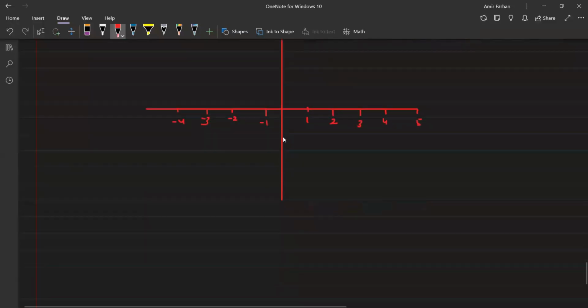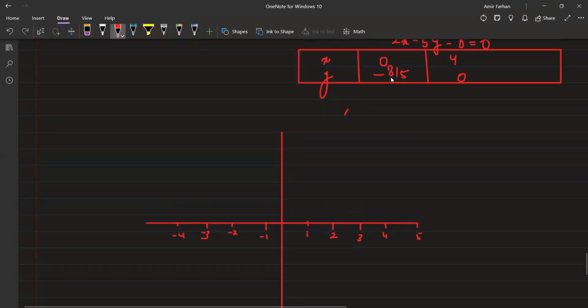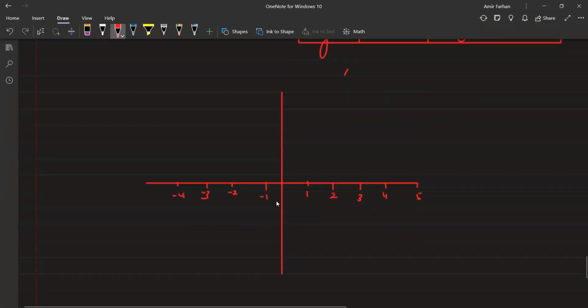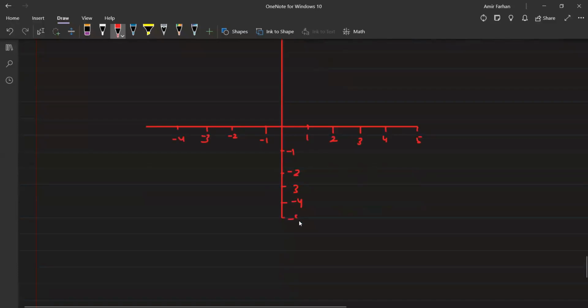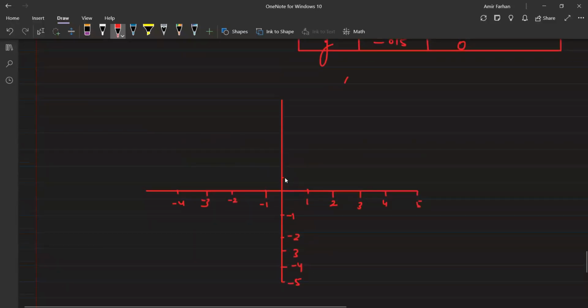Y is negative too. Yes, y is negative. So 8 by 5 will be equal to 1.6. So minus 1, minus 2, minus 3, minus 4, and minus 5, and this would be 1, 2, 3, 4, and 5. Clear?